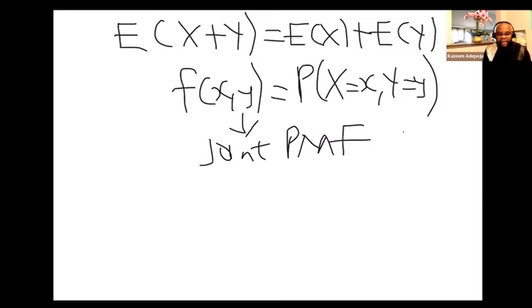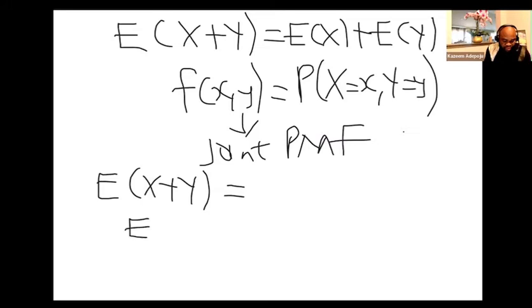Now, if I want to find the expected value of X plus Y, recall that the expectation of X for the discrete case is the sum of X times f of X, you know that, right?